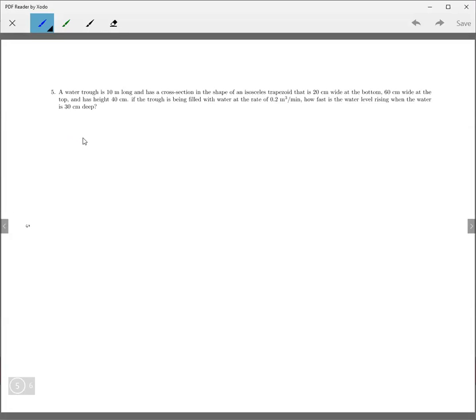So it looks something like this. Although this is probably way off. Okay, so it says 20 centimeters wide at the bottom and 60 centimeters wide at the top, and has a height of 40 centimeters. Okay, so that's what we're dealing with right here.